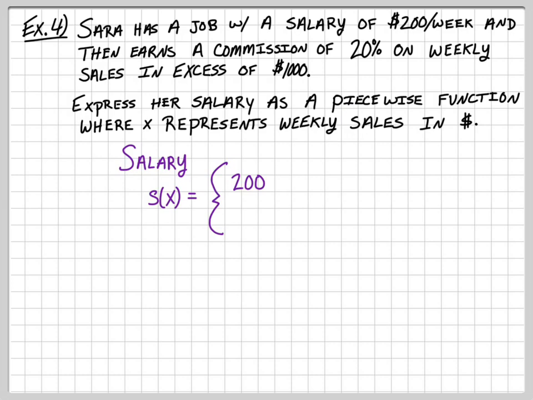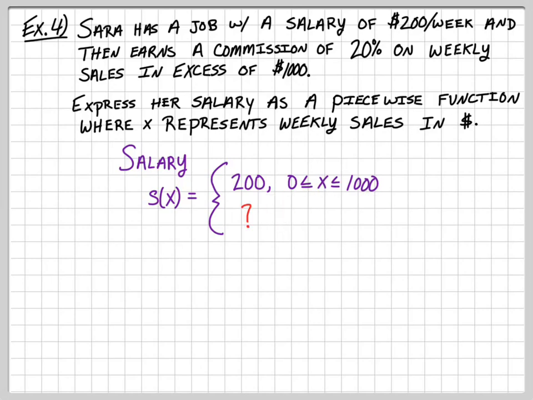So that's really nice that her organization will pay her $200 for not selling a whole lot. So that's from 0 all the way up to 1,000. That part's not too bad. If she's a bad salesman, she sells between $0 and $1,000, they'll still cover her for $200.